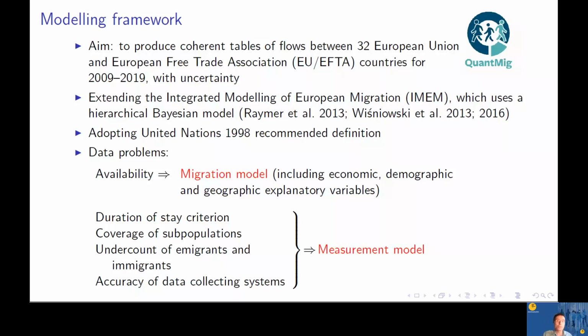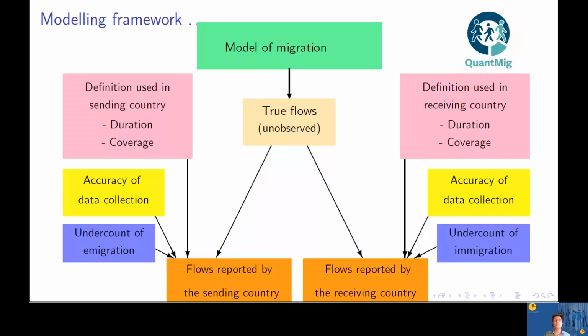So perhaps to give you a little better idea of the model, here is a graphical representation of the model. So we have the migration model. We assume that the true unobserved flows follow a migration model where we include covariates or drivers of migration.